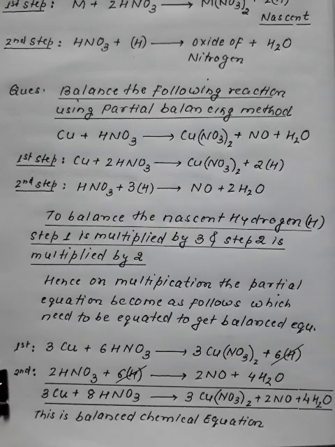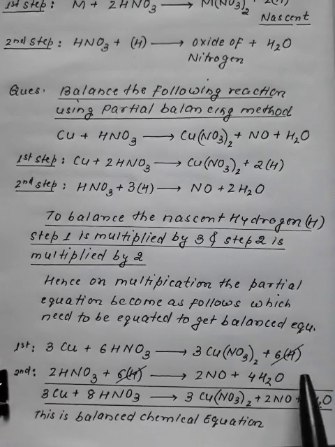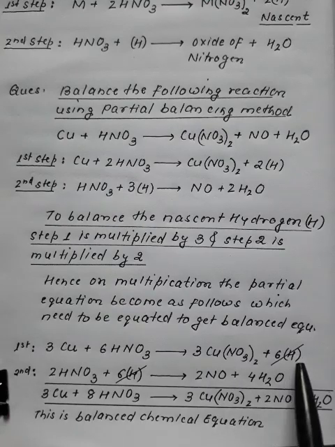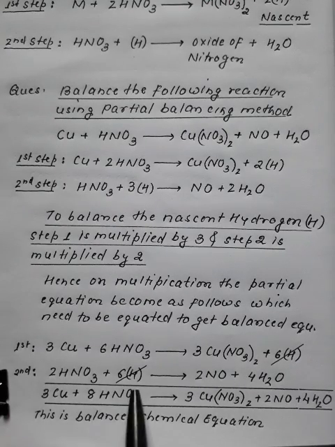So these are nascent hydrogen. Nascent hydrogen is on the reactant side, 6 hydrogen. Nascent hydrogen is also on the product side, 6 nascent hydrogen. Therefore these 6 nascent hydrogen get cancelled.